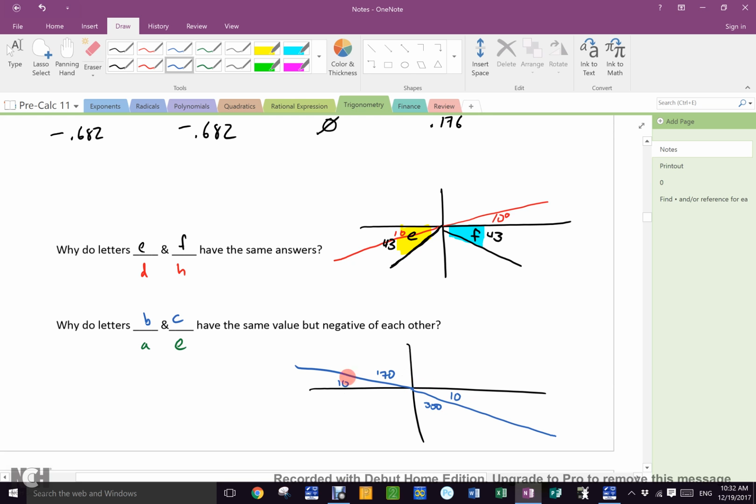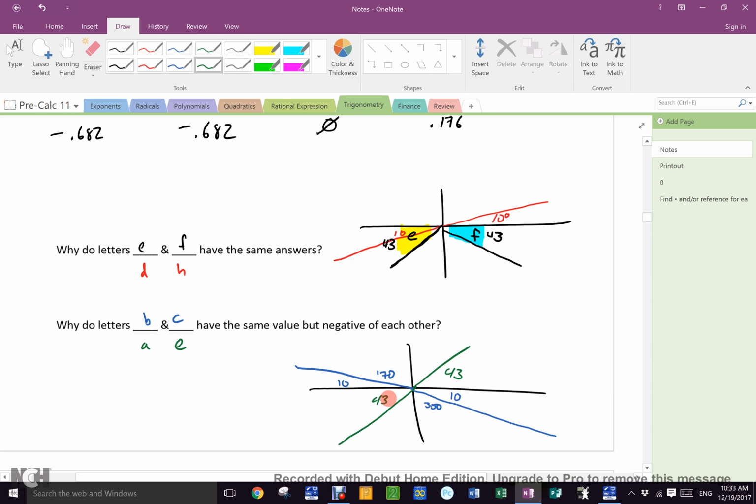Please notice, when we are doing sine, cos, and tan with our calculator, what is it usually giving us? We'll do the green one too. A is where? 43. E is where? Down here, 43.